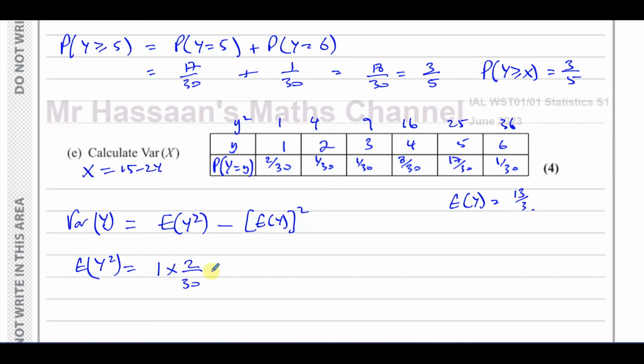So you have 1 times 2 over 30 plus 4 times 1 over 30 plus 9 times 1 over 30 plus 16 times, what was that? Is that 8 over 30? Yeah.